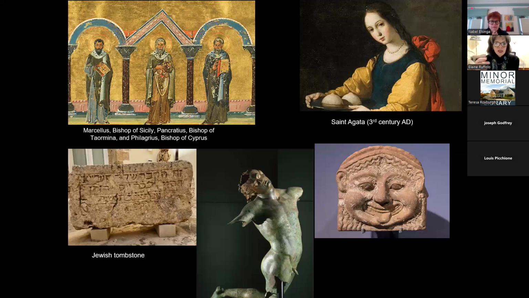We got the Greeks and the Romans, the Carthaginians, all of them left their religious practices. Oh, and let's not forget Judaism was practiced in Roman Sicily, and the presence of Jews is documented to the late 4th century, or maybe even earlier than that.